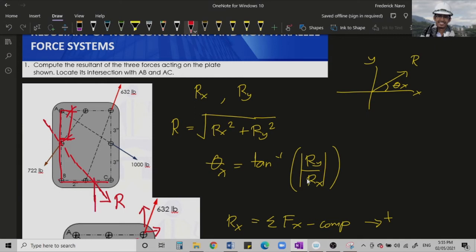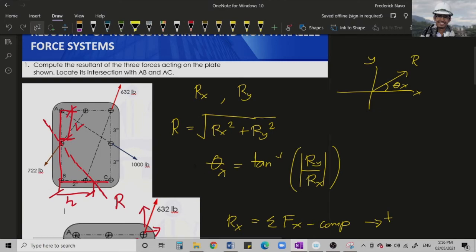So, magkakaroon siya ng distance from point C. So, let's call this V. And siguro yung kabilang distance na lang ang gamitin natin dito sa BC. Tama? So, magkakaroon tayo ng distance dito. So, let's call this H horizontal and V vertical, no? Dun sa ating point line AB and line BC.